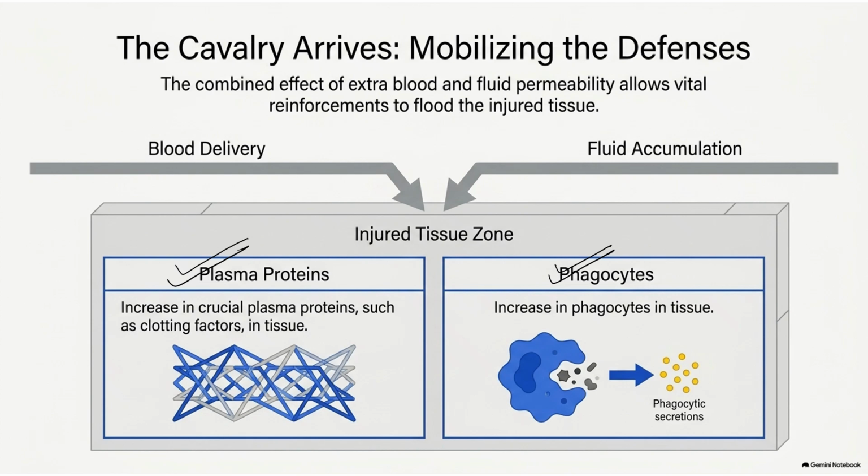Plasma proteins will help in the clotting. And phagocytes will try to do the phagocytosis of the infected tissue. So histamine is not only producing redness and swelling, it is also helping to prepare the injured region for an immune response.